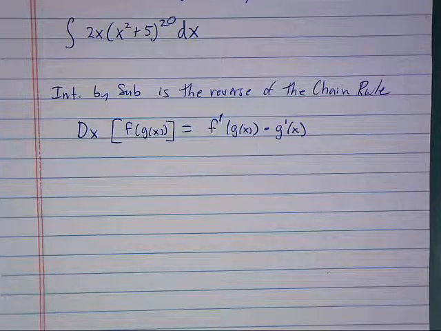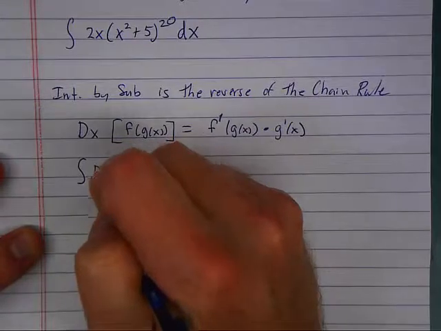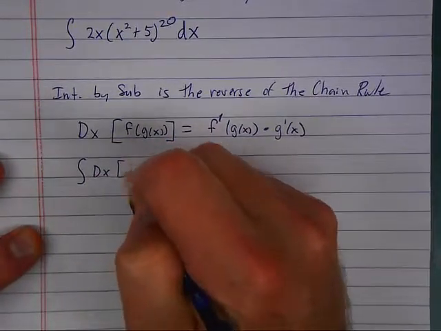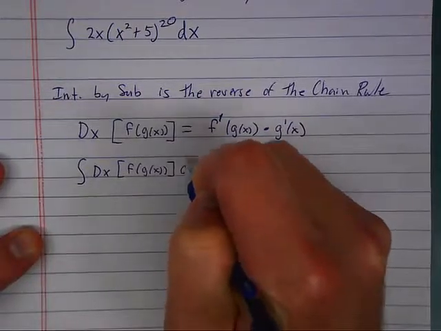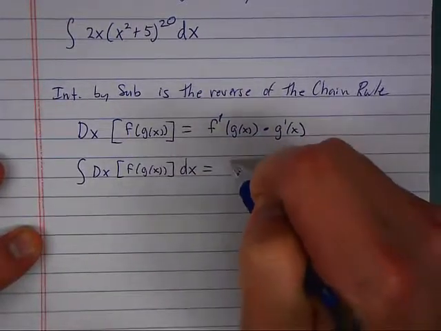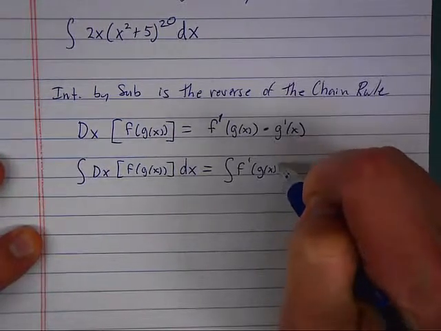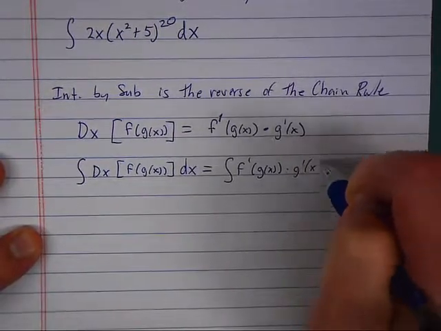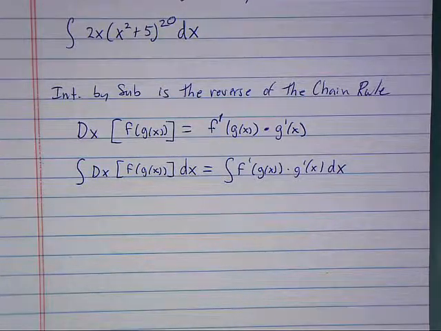Now what I'm going to do is I'm going to do an integral on both sides of that equation. So I'm going to have the antiderivative of the derivative of f of g of x dx equals the antiderivative of f prime of g of x times g prime of x dx. What happens on the left-hand side?